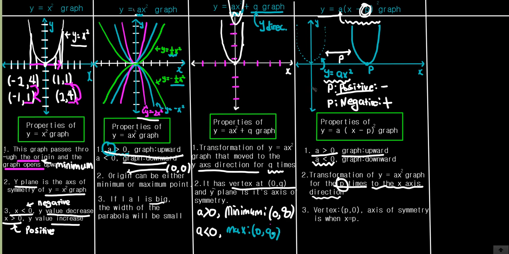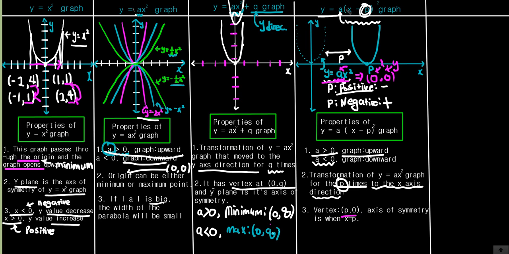The reason the vertex is p comma 0 is that it is a transformation of y is equal to ax squared graph, and we have learned that there can be either a minimum or a maximum point depending on the value of a, and that point is the origin, 0, 0, which means the x value is 0 and the y value is also 0.